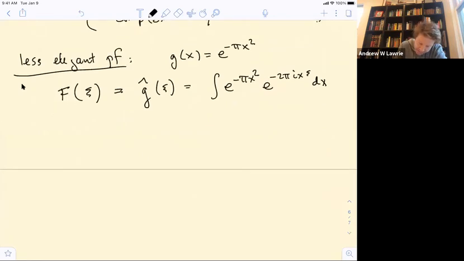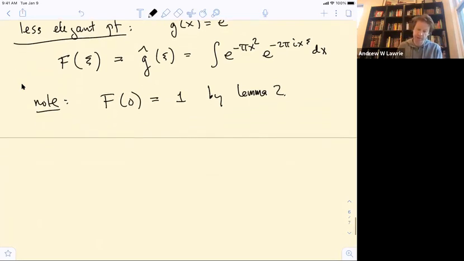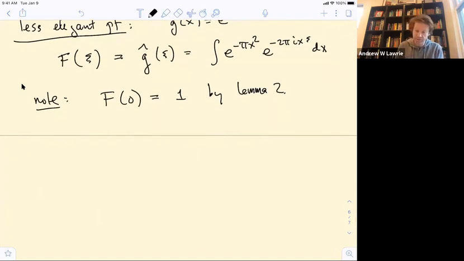Then note that F of 0, if I evaluate at c equals 0, equals 1 by lemma 2. If I just plug in c equals 0, I'm integrating e to the minus pi x squared, and I get 1. So this function capital F at 0 is 1. And now I'm just going to take its derivative, and try to get an ODE for capital F.